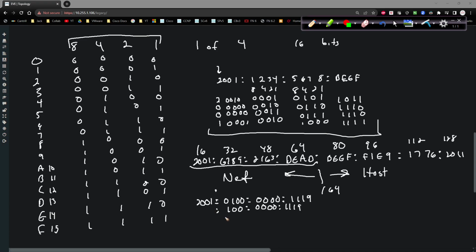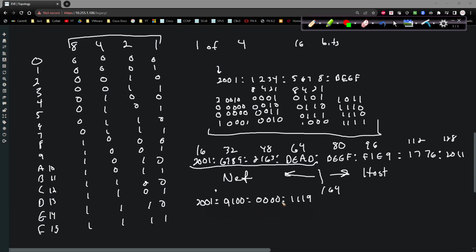The other thing you can do is, let me go ahead and erase this and take this back a little bit. Another variation of this is this. Let's say this is a 9. Well, what you can do is 2001 9100.